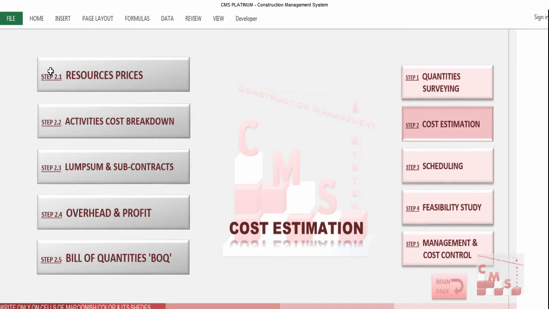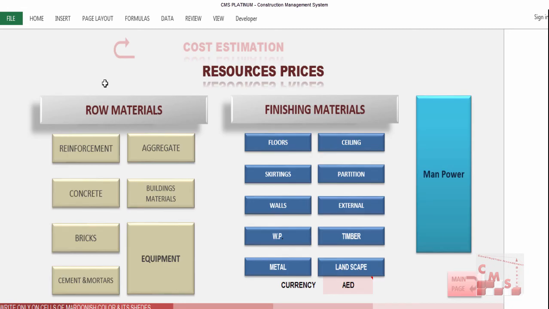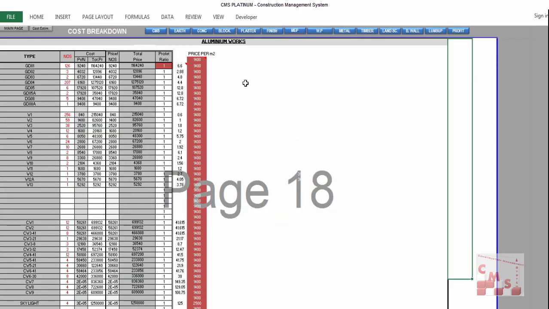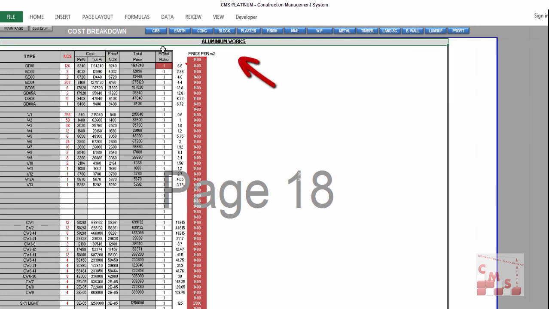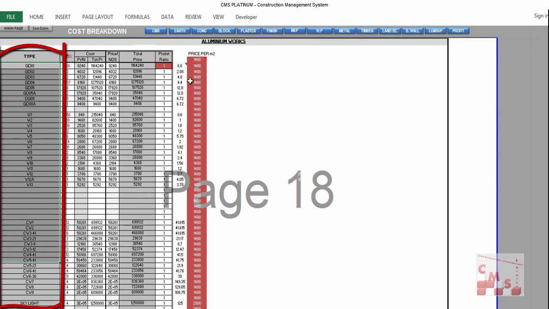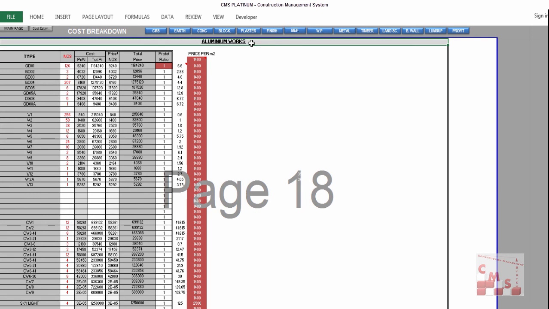Back to cost estimation, resource price. We'll go for the metal. You will find the metal starts with aluminium work. The types are there. Normally in aluminium, most subcontractors calculate by square meters. For all the aluminium works, they calculate the area per square meter and multiply this area by the cost or price of the square meter.